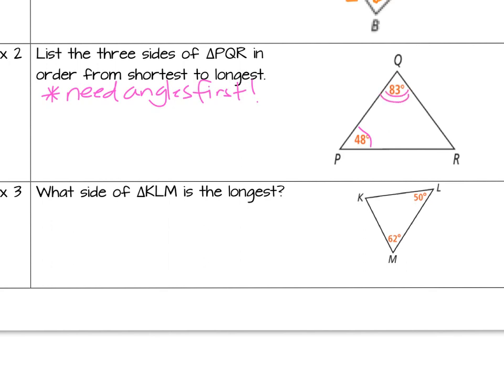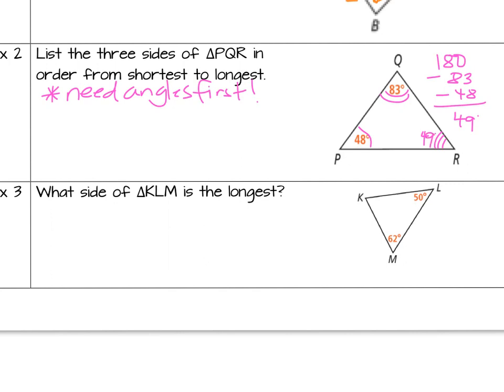In order for us to get angle R, we have to take 180 minus 83 and minus 48. Go ahead and enter that into your calculator and see what you get. 180 minus 83 minus 48 should equal 49 degrees. That would be the measure of angle R.